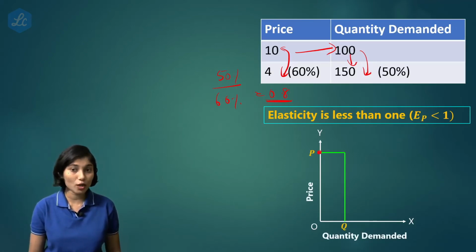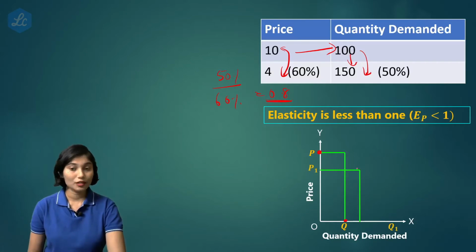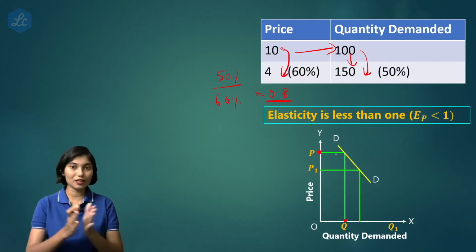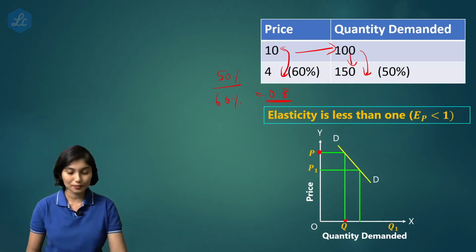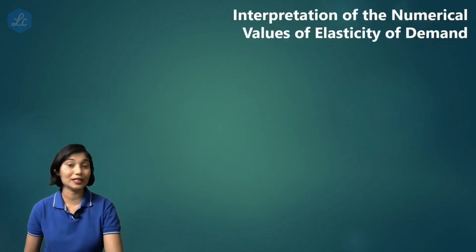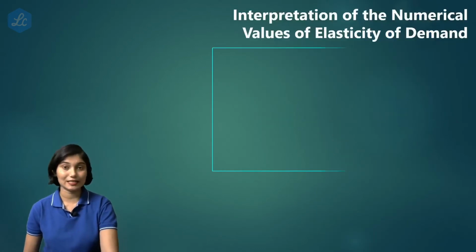Initially your price was 10, your quantity demanded was 100. Now your price fell down drastically, and your quantity demanded has increased slightly. So here you see the demand curve is more steep, right? That way you may interpret when it is less than 1.